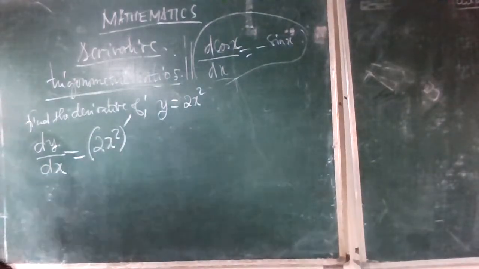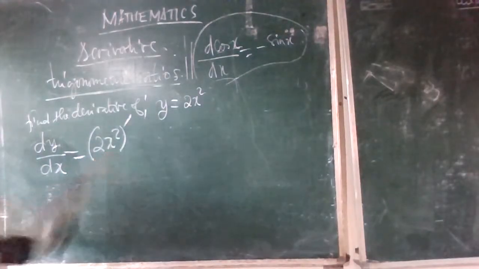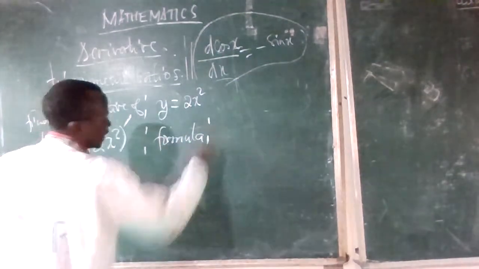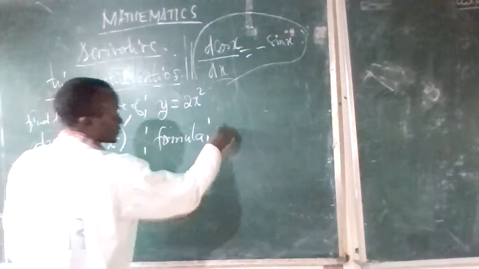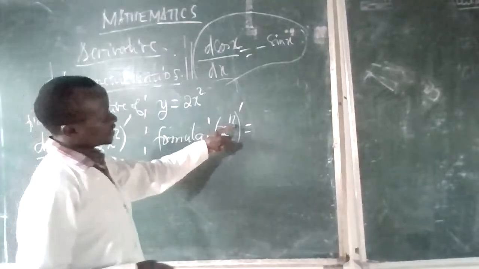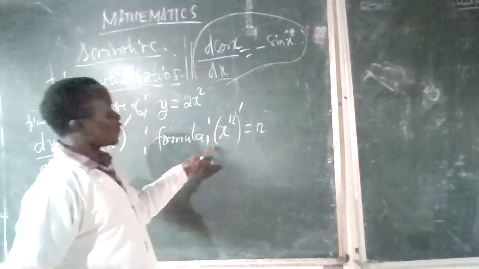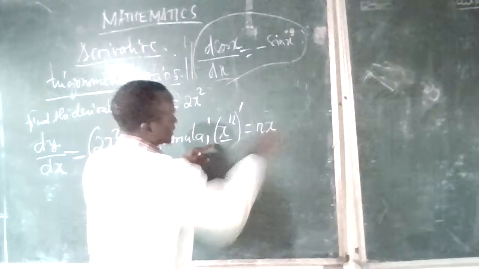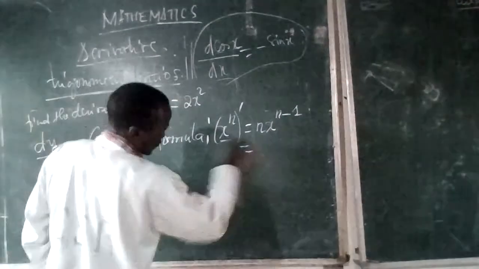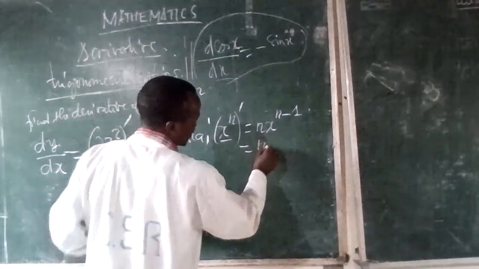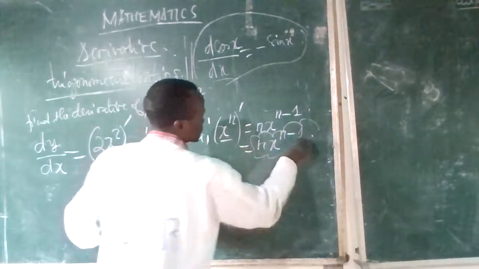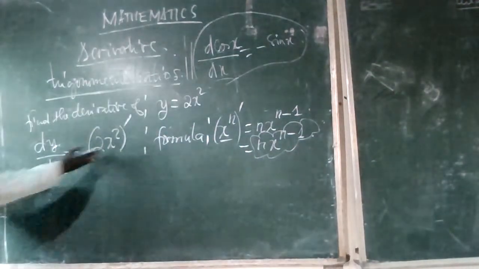Now, the formula that we should apply here is, for example, for x power n, the derivative: we take this n and come here before the x, and you write x to the power n minus 1. Right? So finally it is n times x power n minus 1. This is the general formula that we are going to apply here.